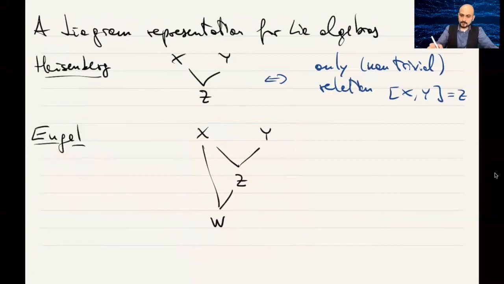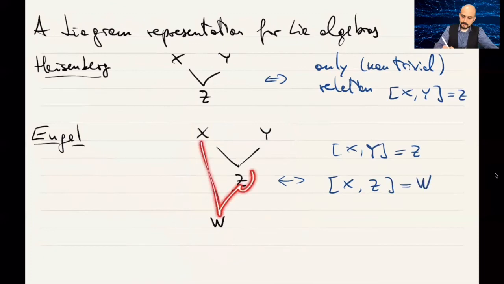So this diagram means, okay, the bracket between x and y gives z. And then the bracket between x and z gives w. And these are the only relations.